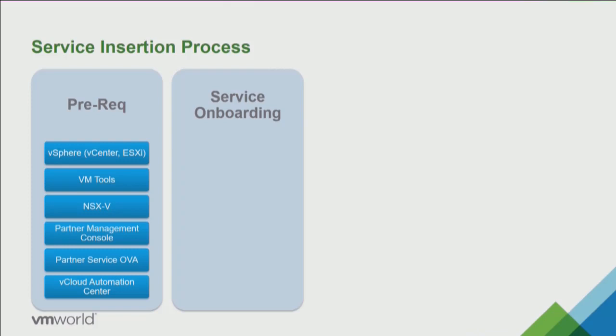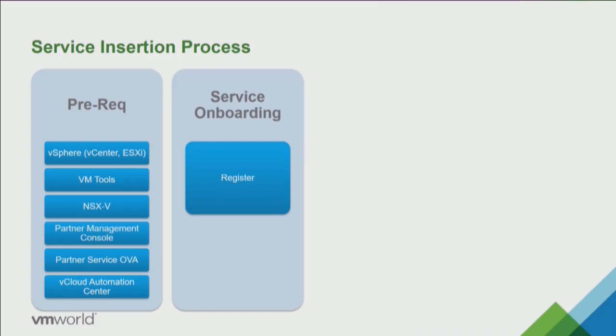So the next step is onboarding the service. Once a partner is certified, registered, and integrated, how do you get that service onto NSX? There is a registration process. Once you have a partner who has been integrated with NSX, you register that service with NSX. That means NSX now catalogs that service, and it shows up in its service definition.